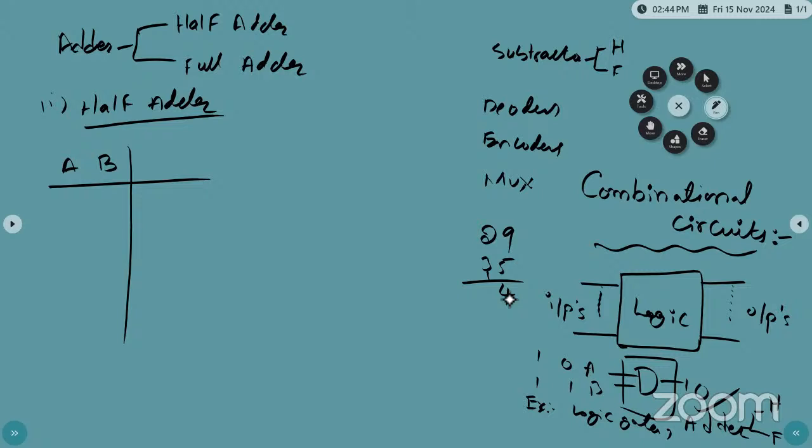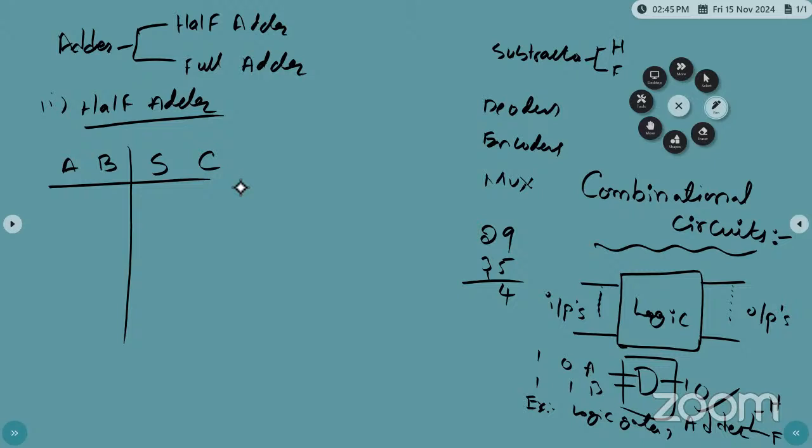What is the name of the 1? Do you know? It is the carry. So if you add two numbers in decimal or in mathematical algebra, we get two results: sum and carry.